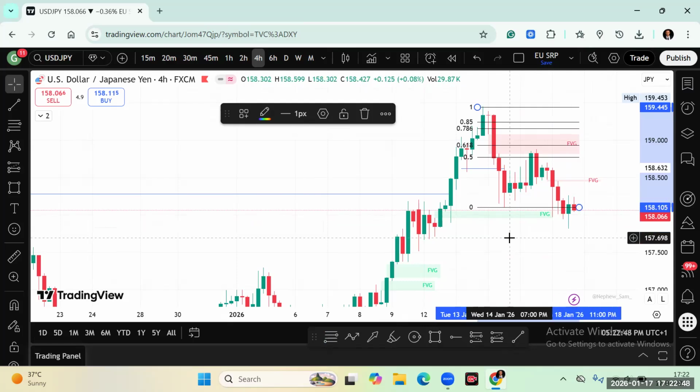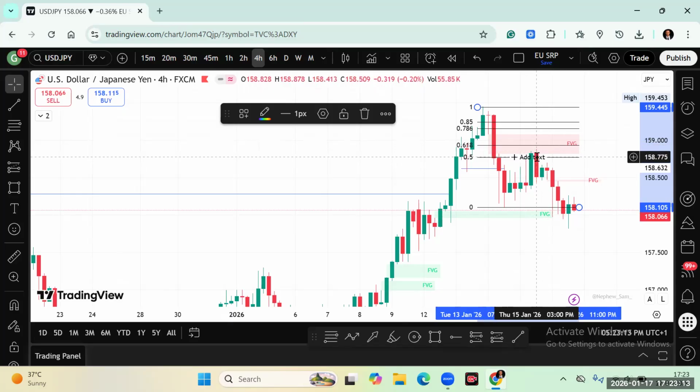This general market is as if it's selling from different regions, just partially mitigating the fair value gap. If you see that fair value gap, it didn't really come to our sell zone. It just stopped at 0.5. That's why a lot of people have been missing setups. Some people that try to chase price, the price is hitting their SL.